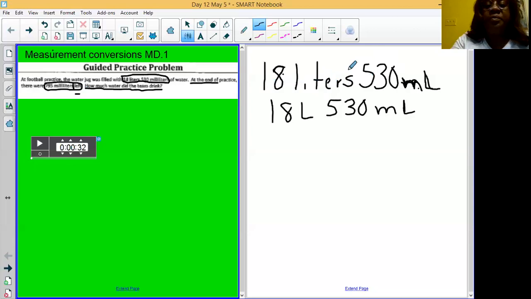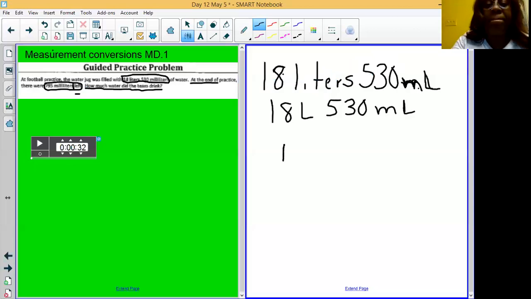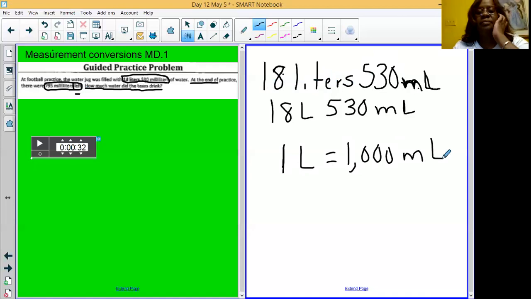So 1 liter equals 1,000 milliliters. Okay, keeping that in mind, I'm going to convert my 18 liters to milliliters. So I have 18 of these.